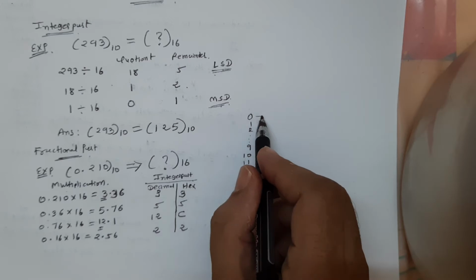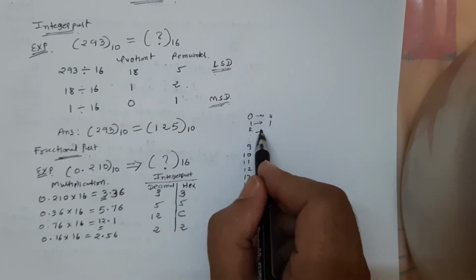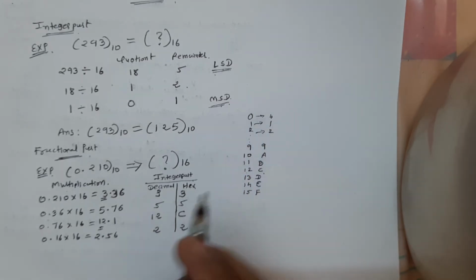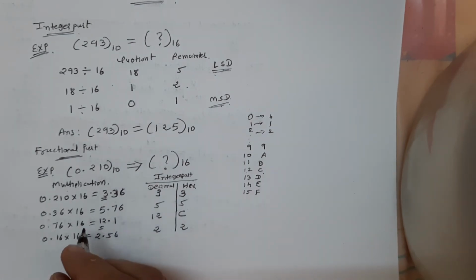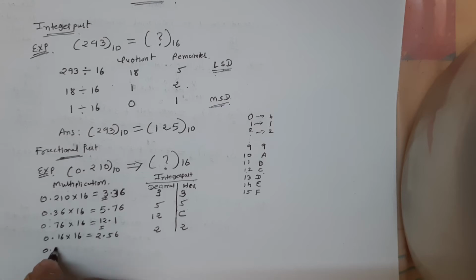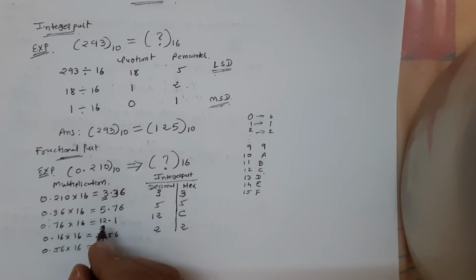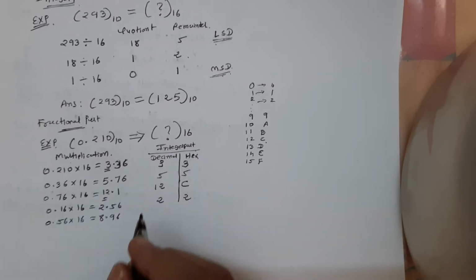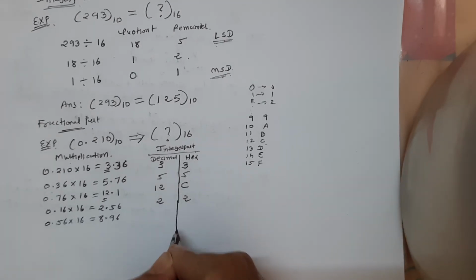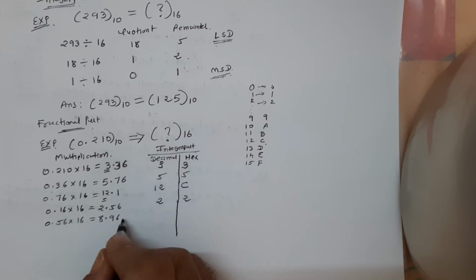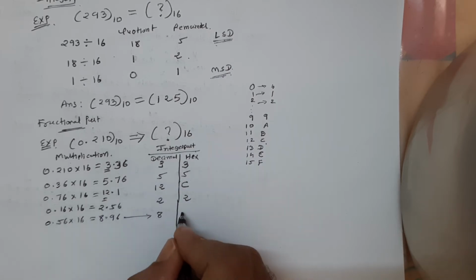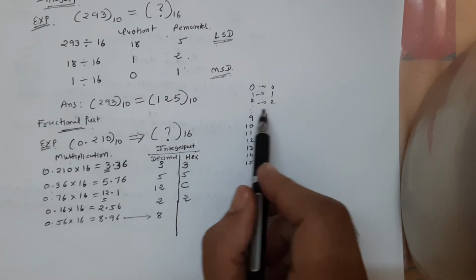It is 2, same way 2 is 2. Again 0.56 multiplied by 16 is equal to 8.96. Therefore here the decimal is 8, and the hexa is 8.